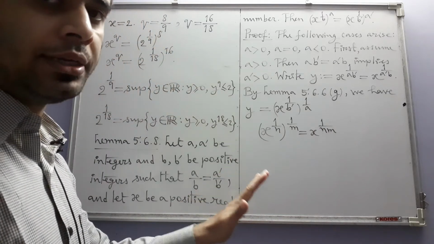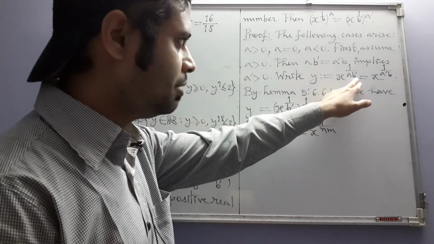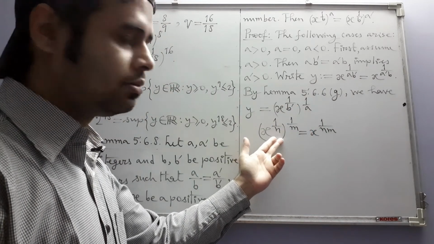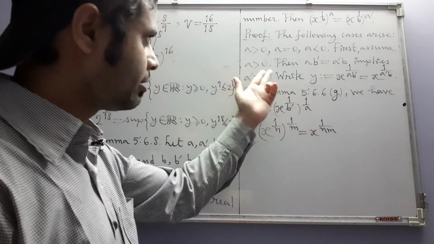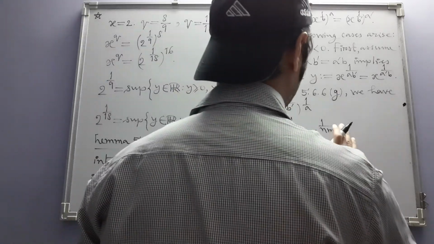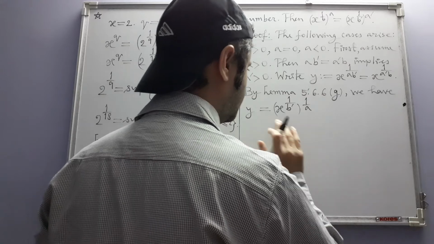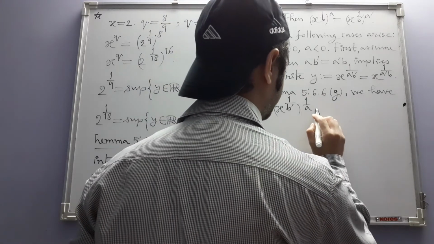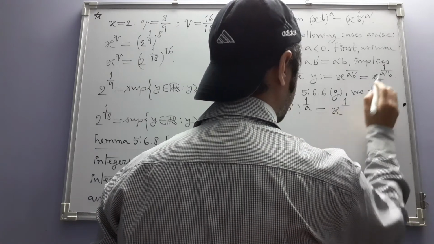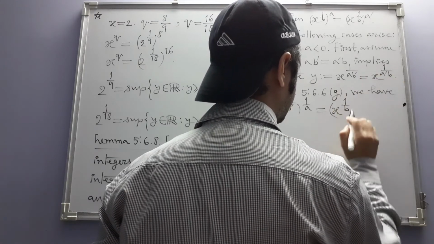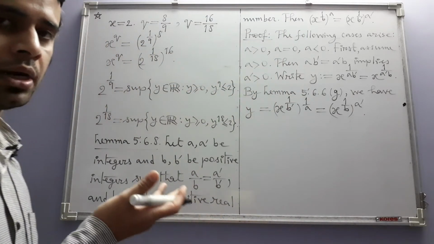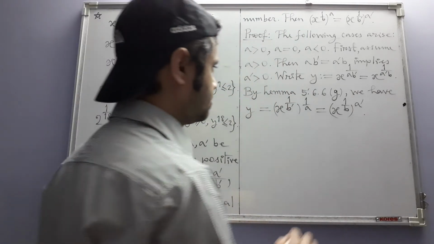Can we apply it here? Let's see. b prime is a positive integer like n, and a now is also a positive integer like m. So yes, we can apply. So we have this, and just like that we also have this from this representation of y. Now we can apply part A.